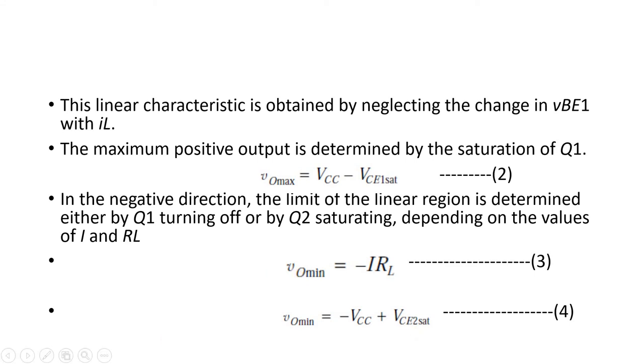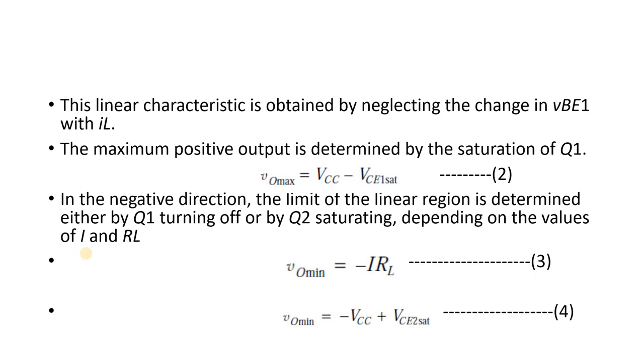So we get two minimum output positions in the negative direction. The limit of the linear region, that is before entering the cutoff or saturation region, is determined by transistor Q1 turning off, or by Q2 entering saturation.